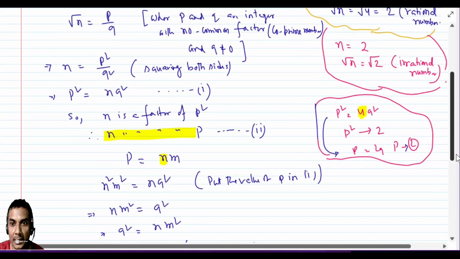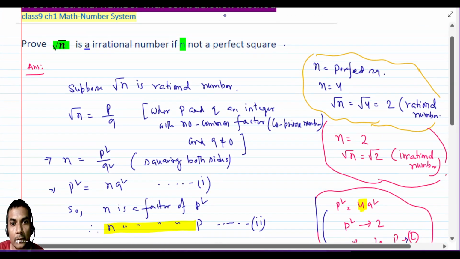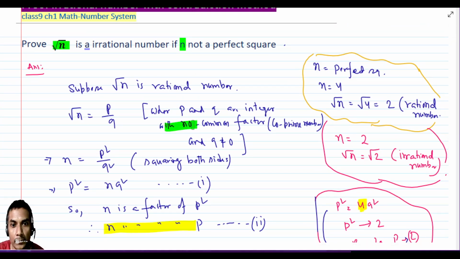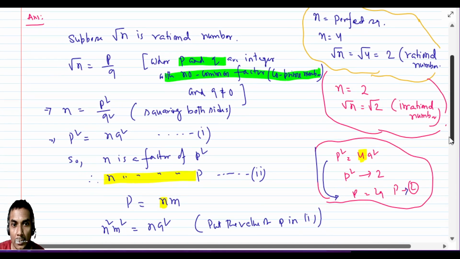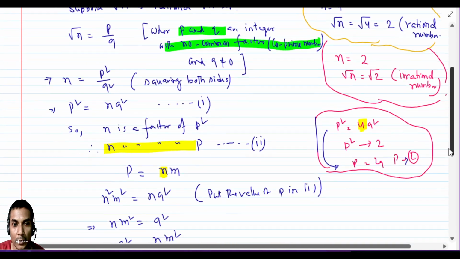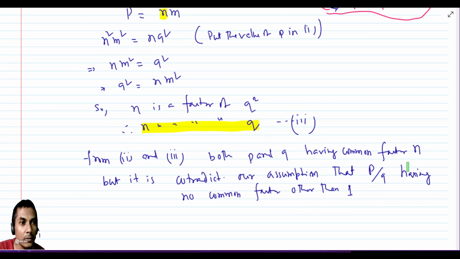Where do we get it? Here. No common factors, that are co-prime numbers. Clear? P and q have no common factors. So our assumption is wrong. So we can say that our assumption is wrong.